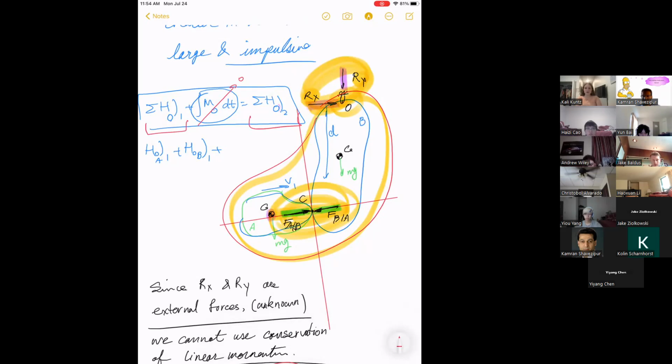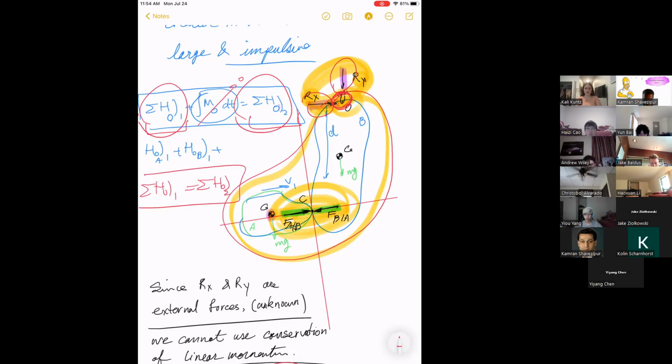So for the oblique impact, what you can do is consider the angular momentum about the pin point, and make the moment 0. So the summation of H about O at 1 is equal to the summation of H about O at 2, before and after. All the explanation I gave was because we're going to get rid of these two, because they're impulsive forces.